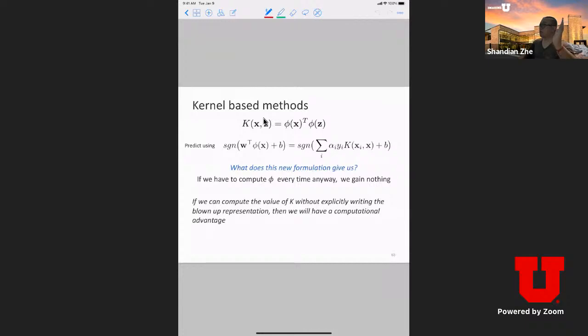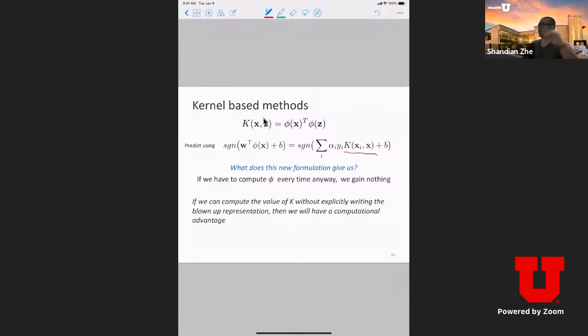You want to map it to a 1 million dimensional feature vector. And if we explicitly compute this function, you're first gonna map them into two 1 million dimensional vectors and calculate the inner product. It is very costly, right? Very costly.